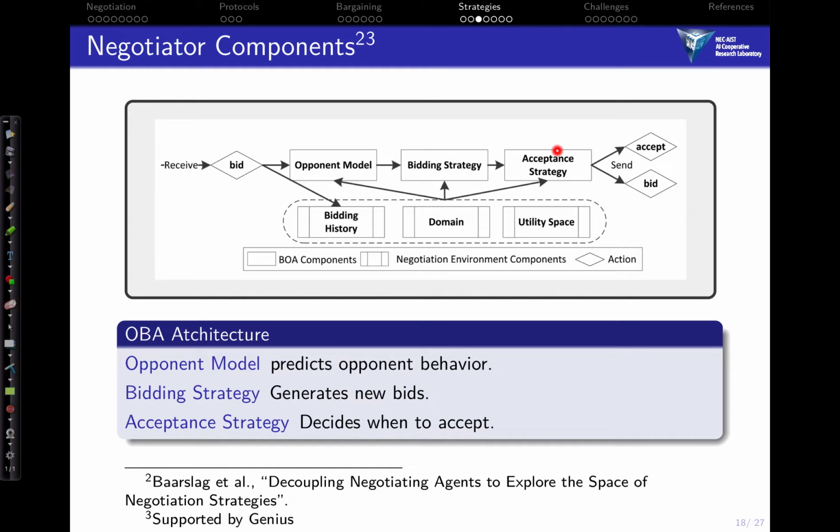And finally, there is the acceptance strategy, which is the strategy that tells you when to accept offers. And all of these need to know the domain, which is the outcome space, and the utility space, which is the preferences represented by utility function, and the bidding history, which is what happened before, either in this negotiation only if there is no learning between negotiations, or in all past negotiations.